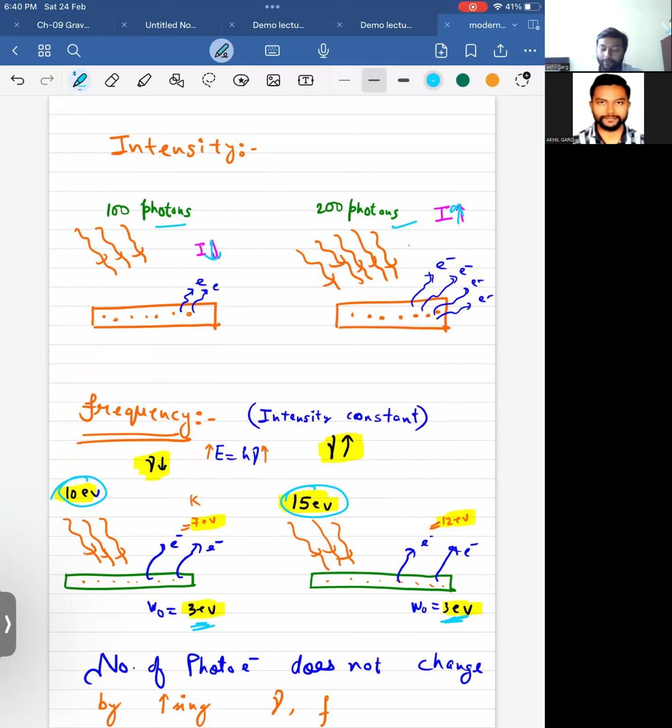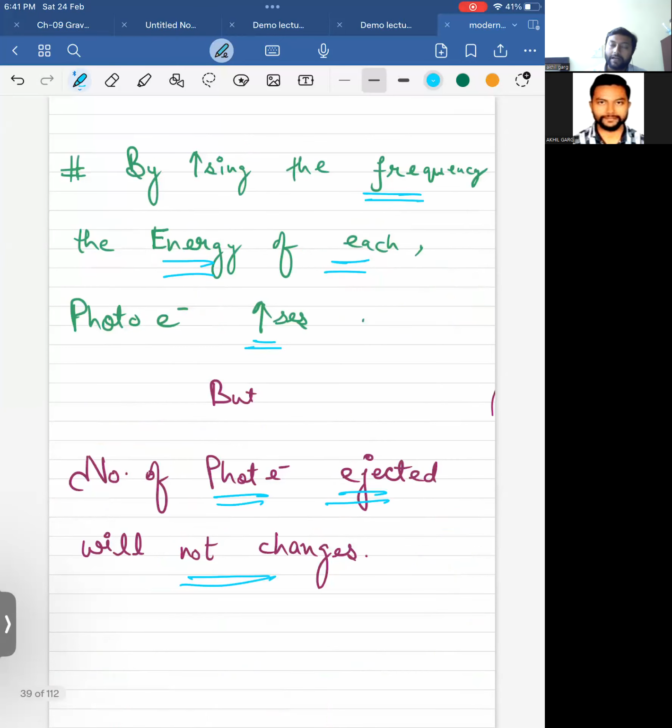Kinetic energy is 7 and 12 electron volt. The number of photoelectrons does not change by increasing the frequency. You can see that 2 electrons are ejecting out here, and 2 electrons are also ejecting out here. Frequency does not depend upon the number of electrons ejected.